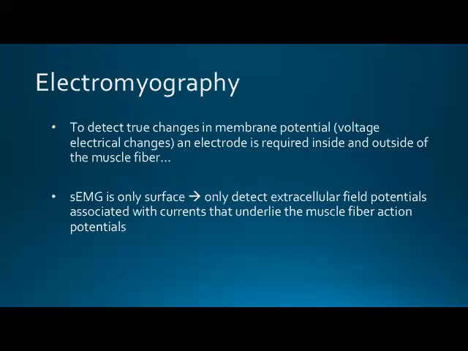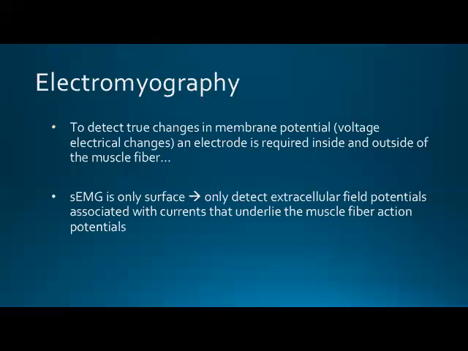So you have positive on the outside, negative on the inside, as you become more electronegative, you get closer to reaching your action potential. So in order to actually measure that, theoretically, you would need an electrode or a sensor on the outside of the fiber and the inside of the fiber, so you can actually detect that electrical change.